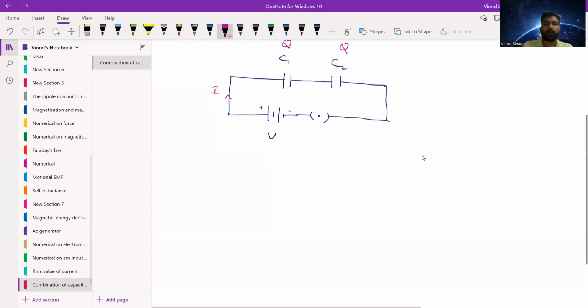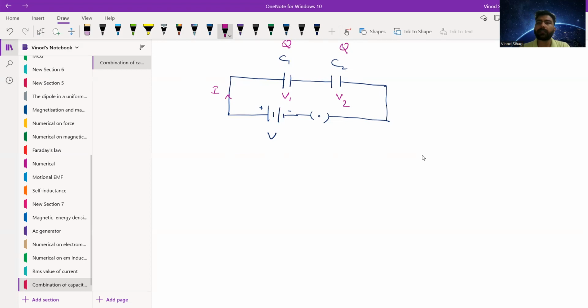So first of all, as we know that in series connection, there will be distribution of voltage. Okay, so there will be voltage V1 along capacitor C1 and the voltage V2 along capacitance C2.